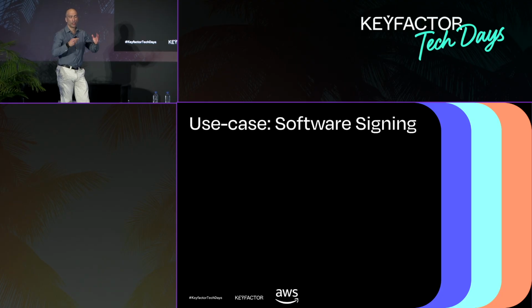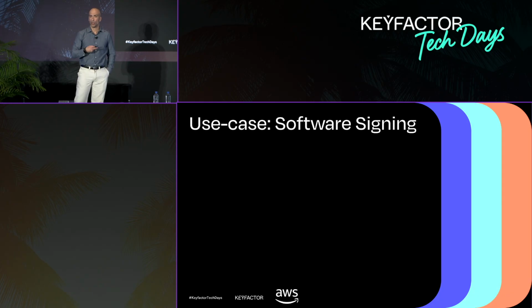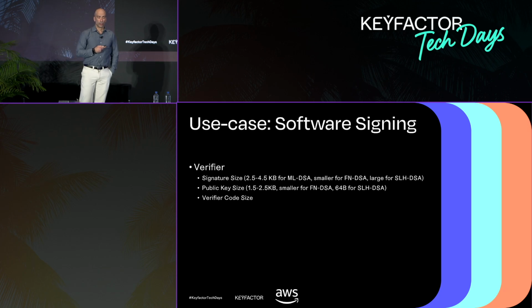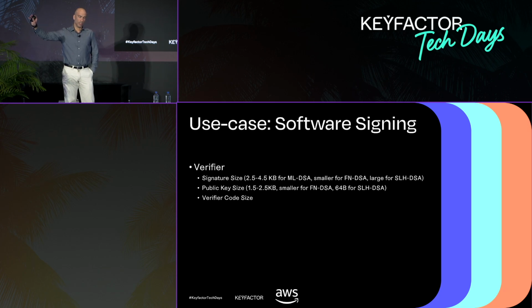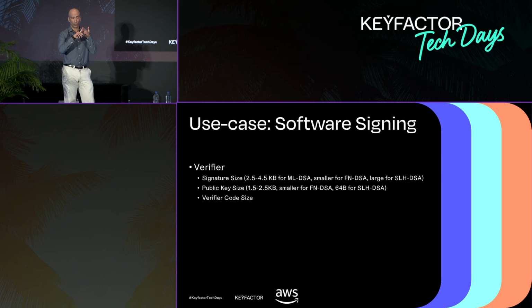So let's talk about the potential challenges that these post-quantum signatures will bring to that use case. The signer needs to support these new things, OK, we understand that. The verifier, at the same time, needs to be able to consume the new signatures. They're slightly bigger.